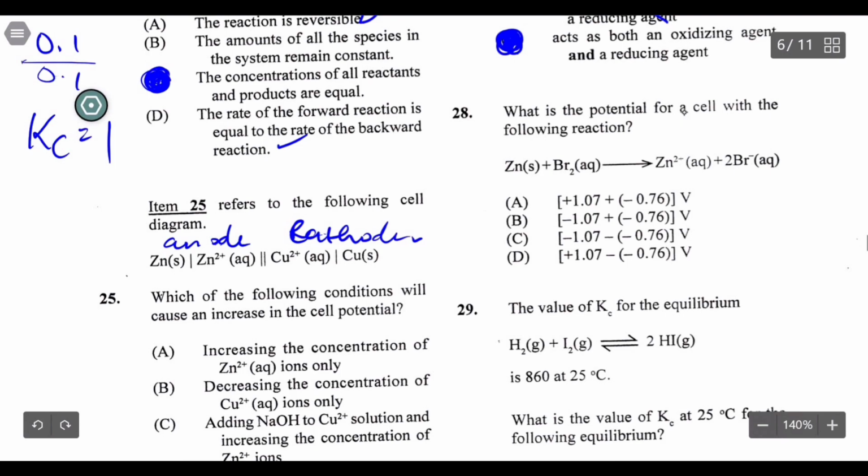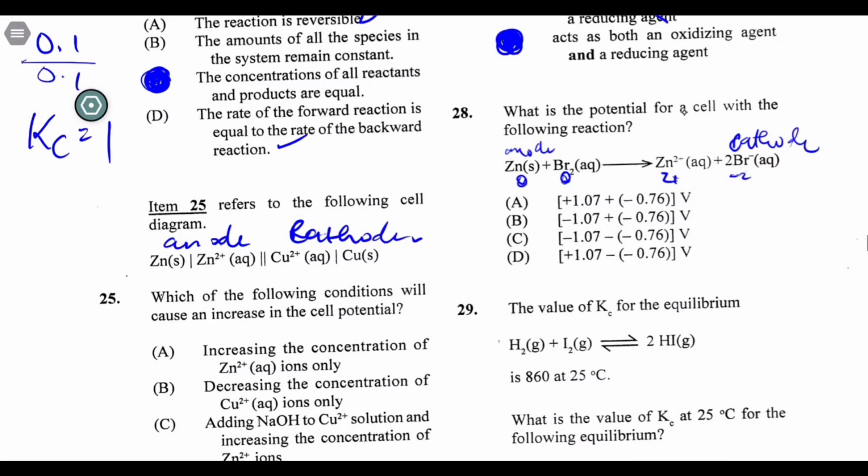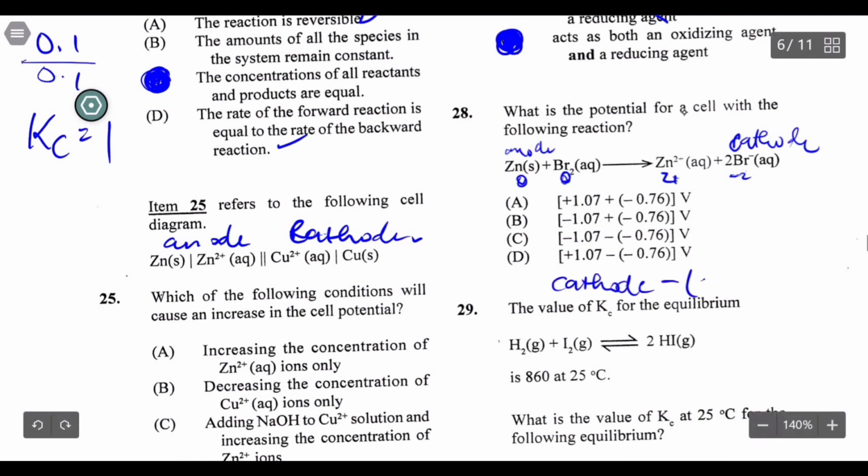Now 28, what is the potential for a cell with the following reaction? Now Zn goes from 0 to 2+, so that is oxidized, so that's the anode, and Br goes from 0 to -2, so this is reduced, so Br is at the cathode, and the cell potential is equal to the cathode minus the anode.